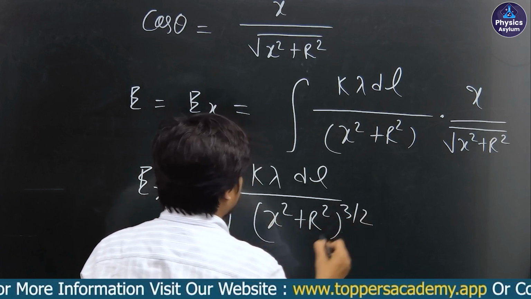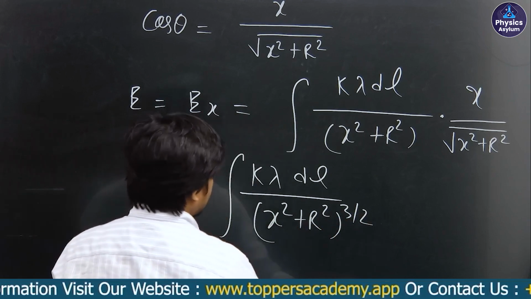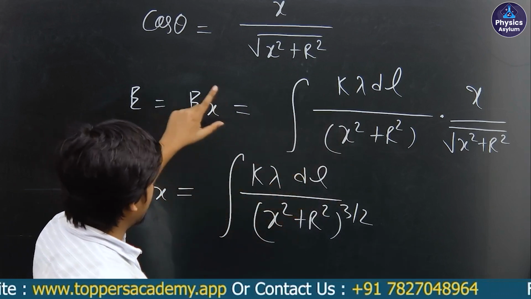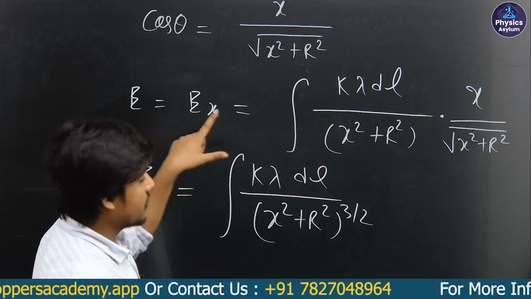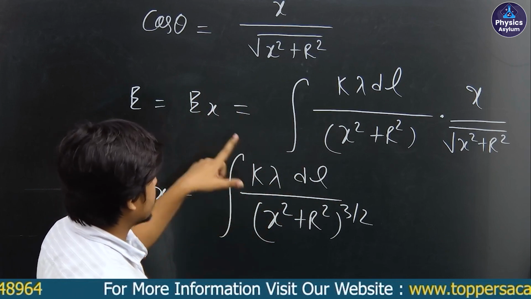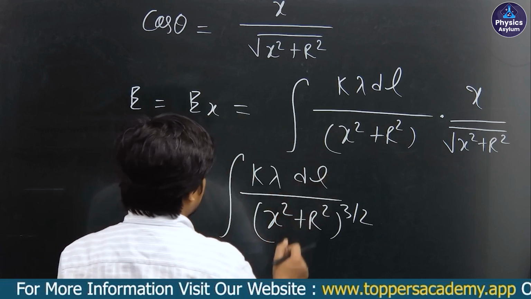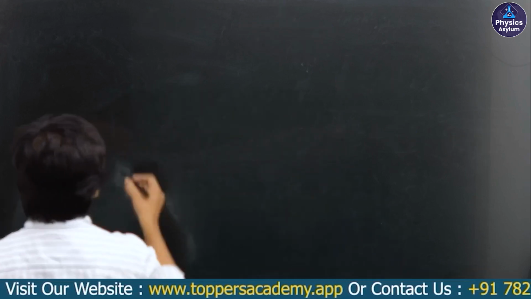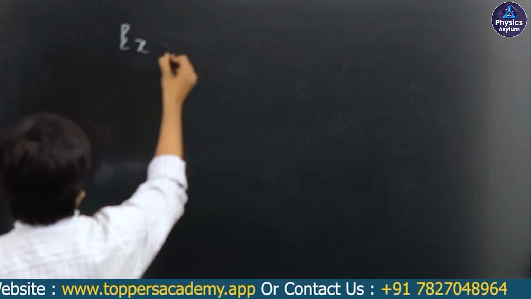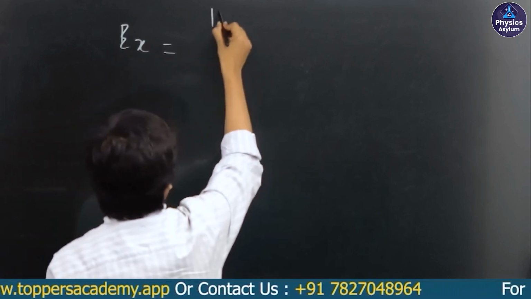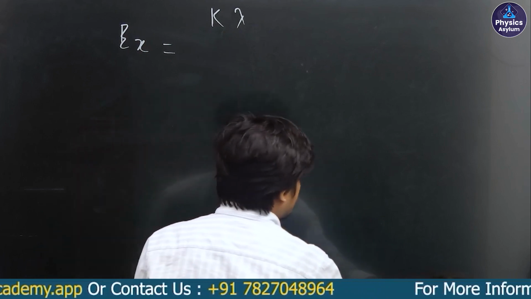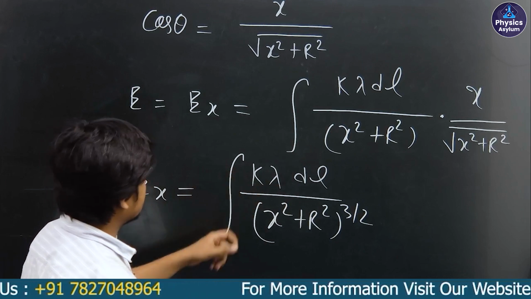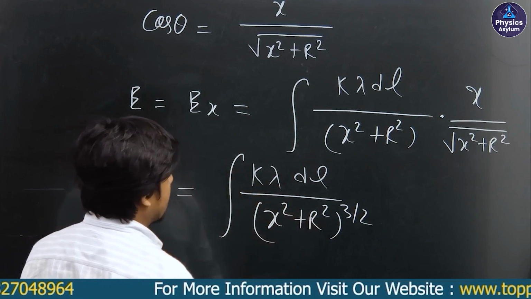Okay. Now, as this charge is only distributed along the circumference, what will this dl be after integration? Let me again write that this Ex will be equal to k lambda. I can take this k and lambda outside the integration because they both are constant, and also x is constant and capital R is constant.